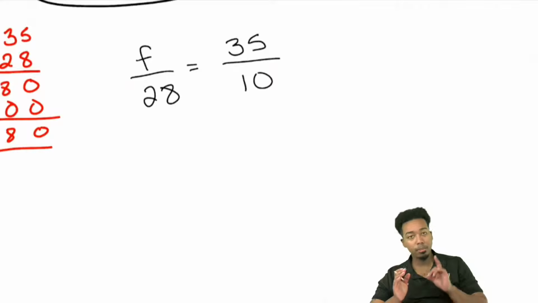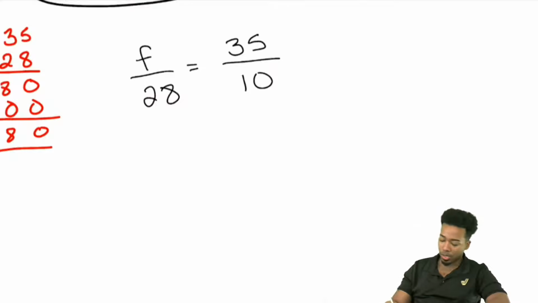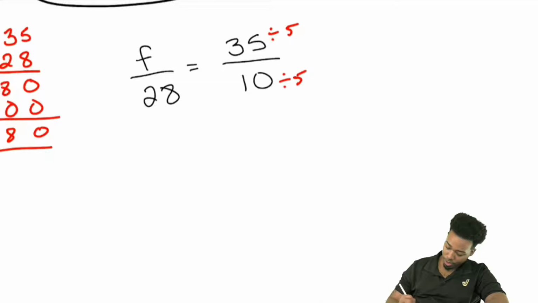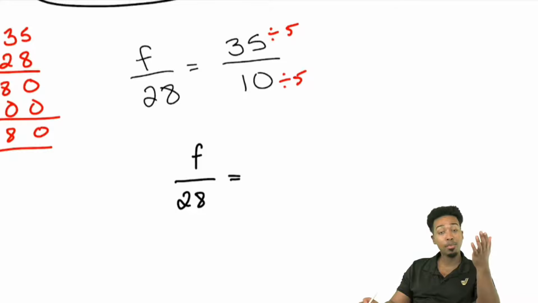So take a look right over here. Same problem, but what do I notice? I instantly notice that I don't want to multiply 28 and 35. I don't want to do that. What I can do is 35 and 10 are both divisible by 5. They are both divisible by 5. So if I wanted to do that, I'm more than happy to do that. Divide by 5. And what do I get? I get myself over here, F over 28 equals, everybody, 35 divided by 5 is what?